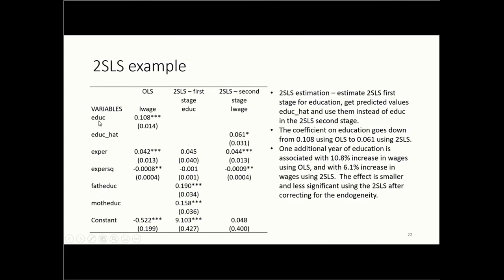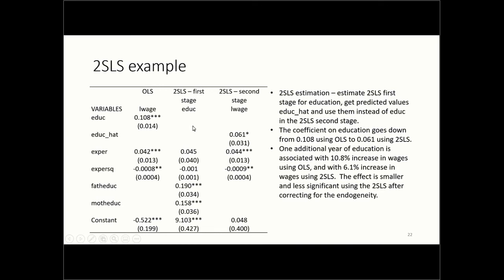Now, for the two-stage least squares procedure, in the first stage we pick up the endogenous variable, education, and regress it on the two exogenous variables and also the two instruments, which are father's education and mother's education. Once we do that, we get the predicted values, education hat.